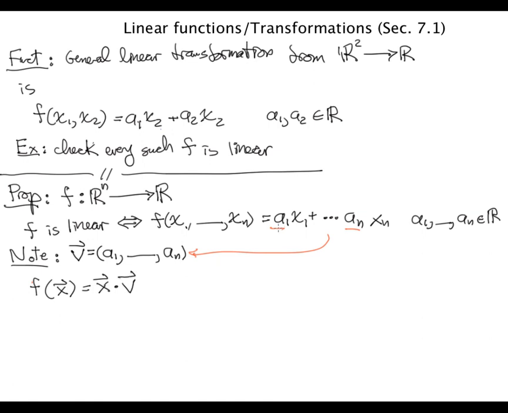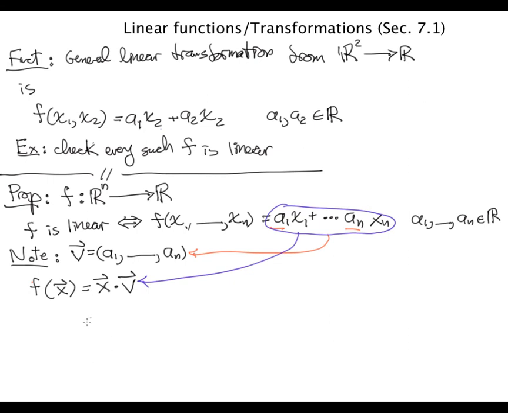Because that's what this is. This is the dot product of the vector a1 through an with the vector x1 through xn.